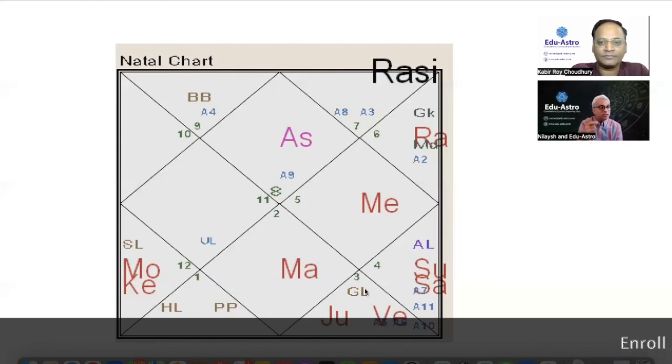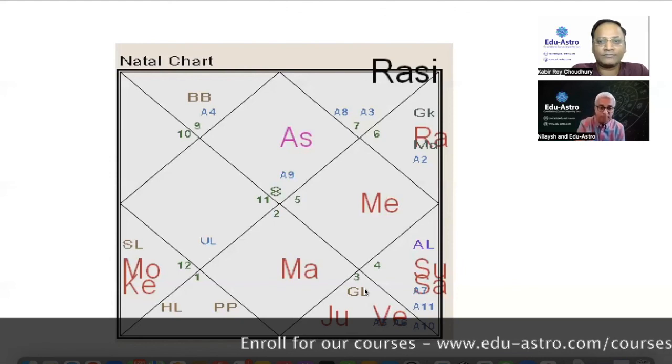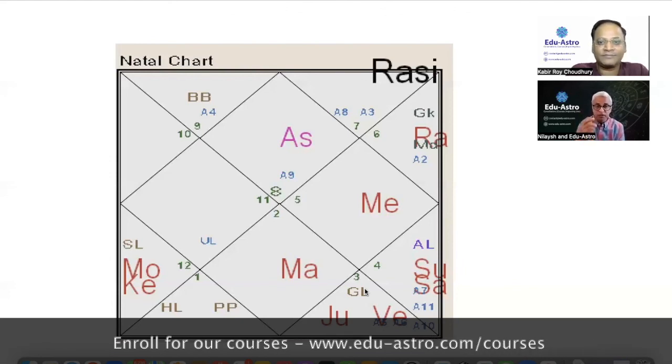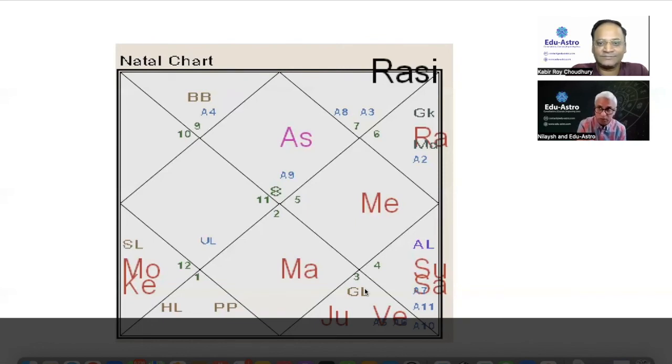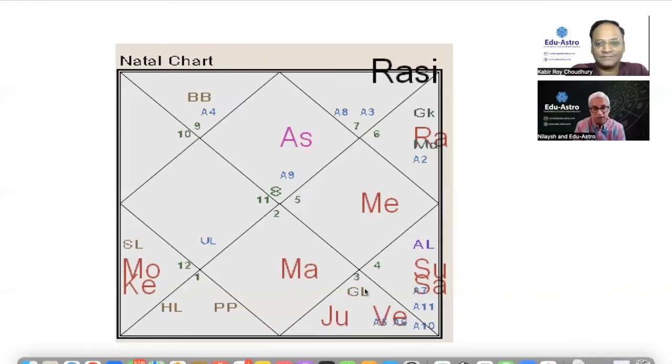The house lord is responsible, the house lord will make the event happen, and the significator of the house will show how the event is, what the fruit of the event is, how the flavor of that event is. Is it going to be good, very very good, or very dull? So three major things here: house, house lord and house significator.